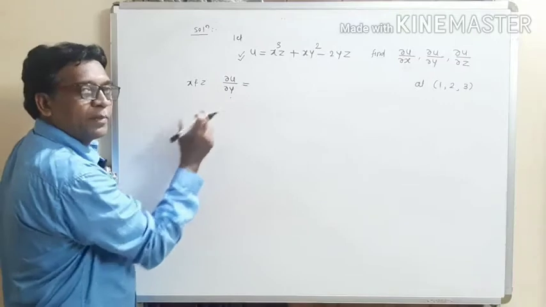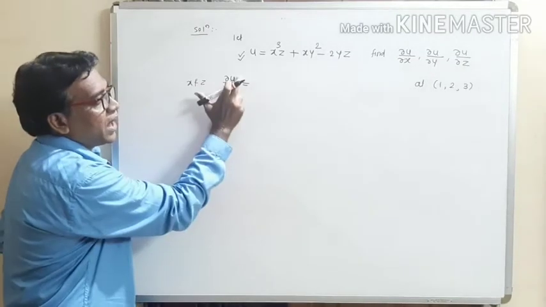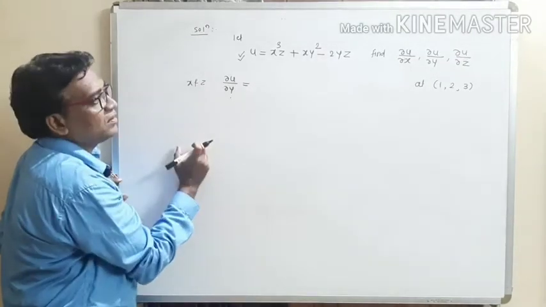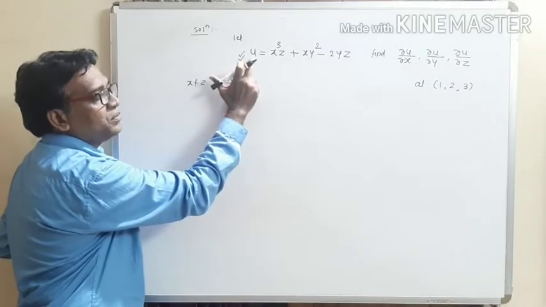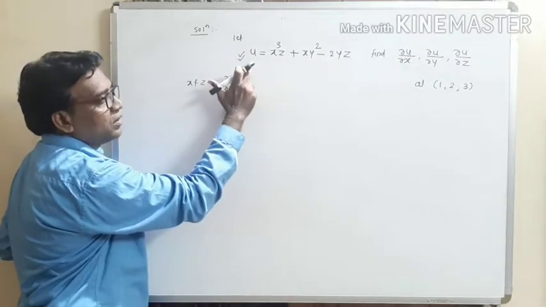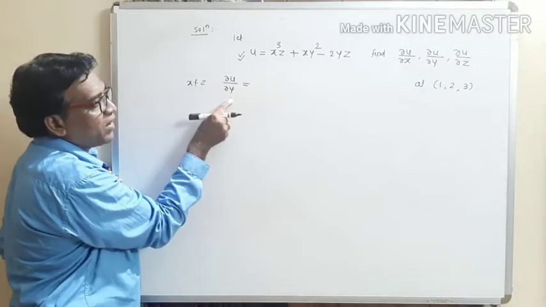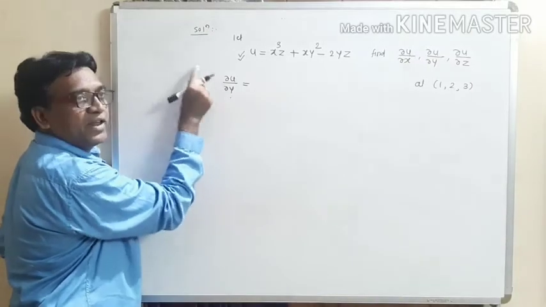What is the meaning of ∂u/∂y? ∂u/∂y means that differentiating u, find the derivative of u partially with respect to y, keeping the remaining variables constant.